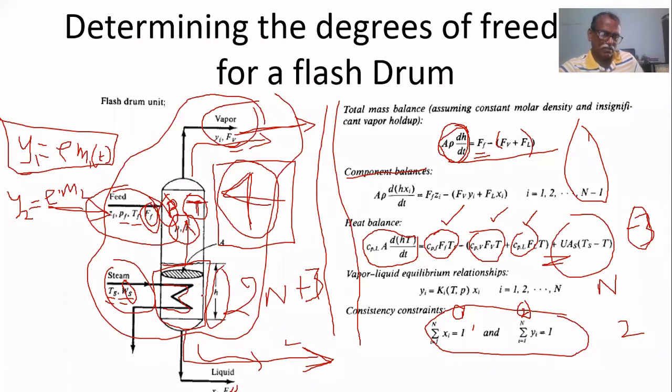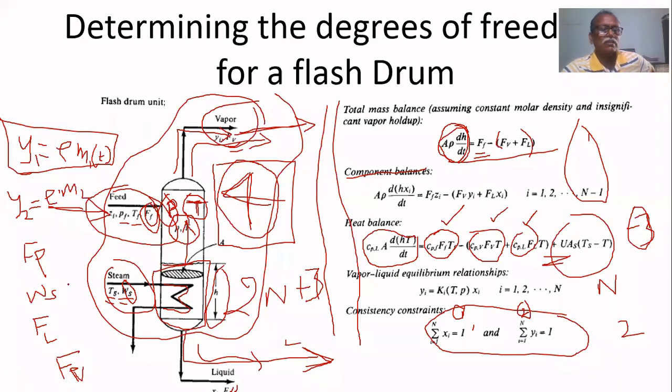Similarly, if you want to adjust temperature, you can adjust this vapor flow rate, or if you want to adjust pressure, you can adjust this vapor flow rate. Therefore, the manipulated variables that we have selected are the feed flow rate, the steam mass flow rate, then the bottom flow rate, that is FL, the liquid flow rate, and the vapor flow rate, because the four variables have to be controlled.